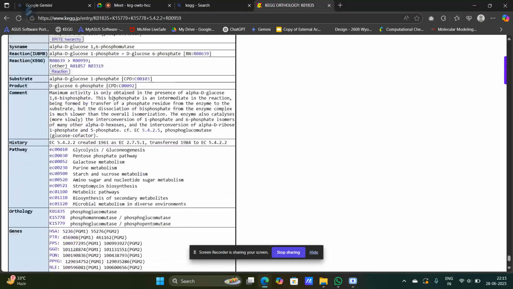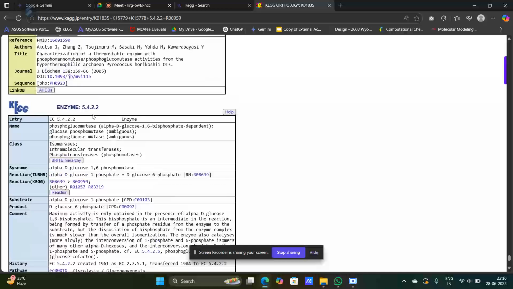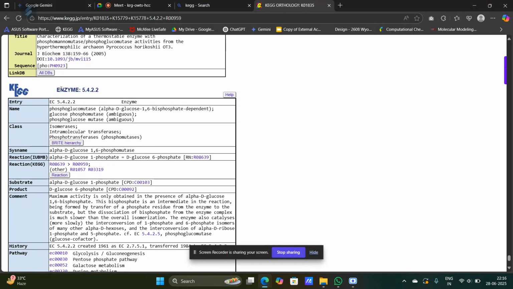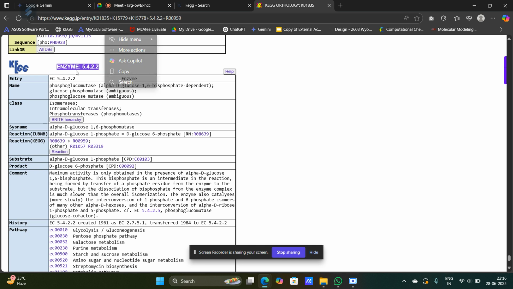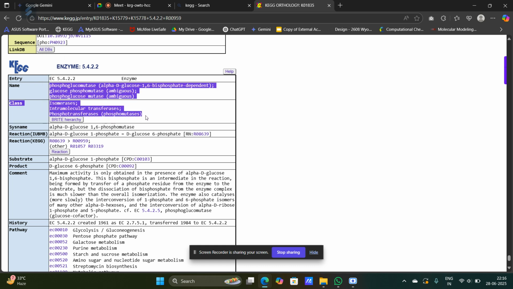In the end, you have enzyme related results. Hope you got this one. Enzyme 5.4.2.2. Again you have the entry, and it says it is an enzyme and gives the name of the enzyme. And again, the class; even enzymes are classified based on their functions or roles.